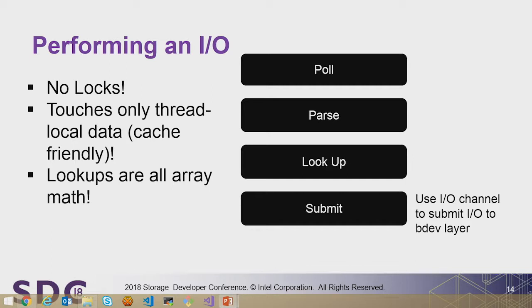But we don't care how long it takes to update a namespace or change the list of namespaces. We care how long it takes to do reads and writes. So we don't want you to take a lock every time you do a read and write. So that's the sort of trade we make all the time in SPDK, is reads and writes always get priority. They are not blocked by anything unless they have to be.